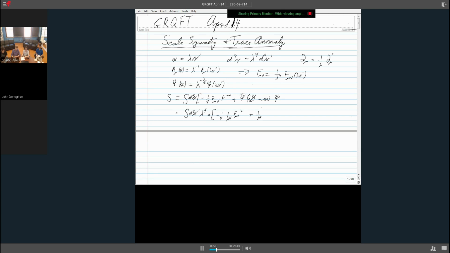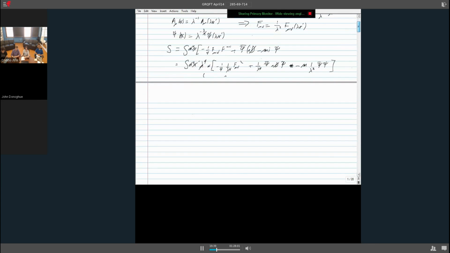Then this turns into d4x prime lambda to the 4th times minus a quarter, 1 over lambda to the 4th F mu nu squared, and then plus 1 over lambda to the 4th psi bar i D slash psi. And then the last piece, the m piece, looks like minus m 1 over lambda cubed psi bar psi.